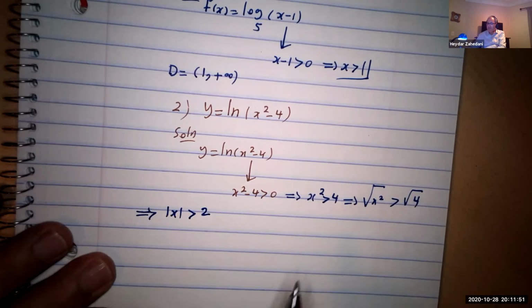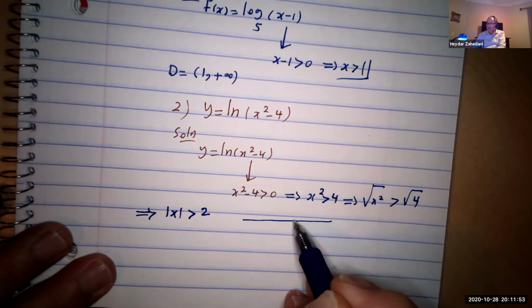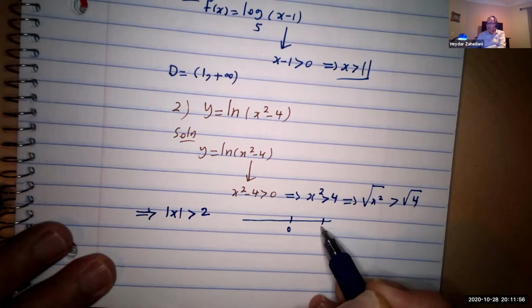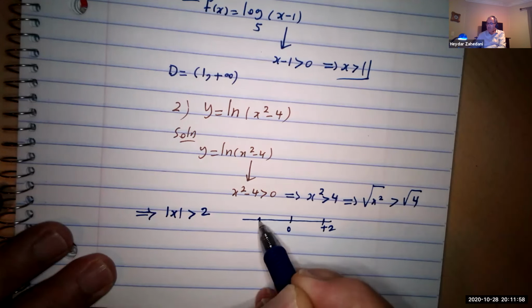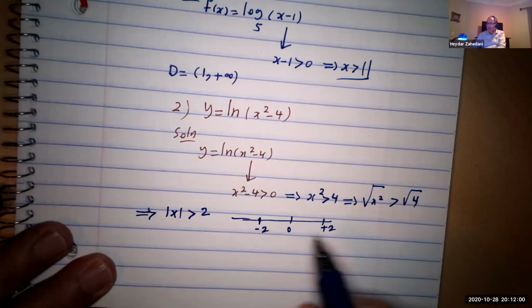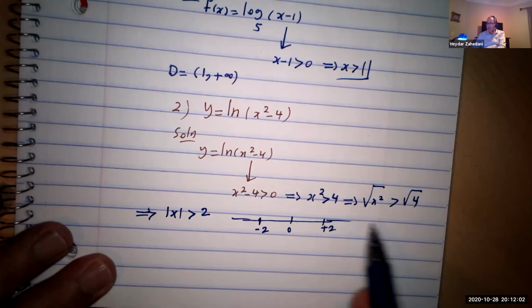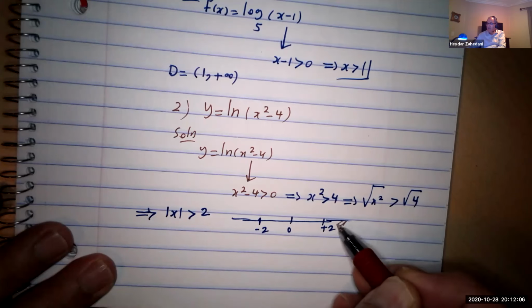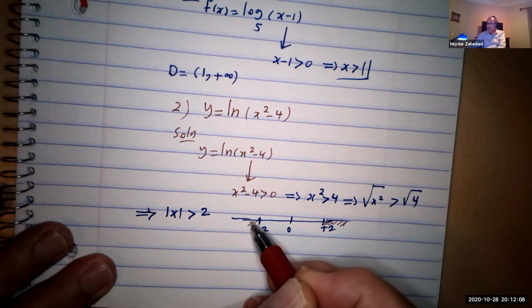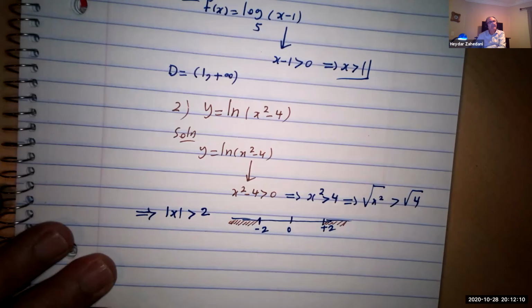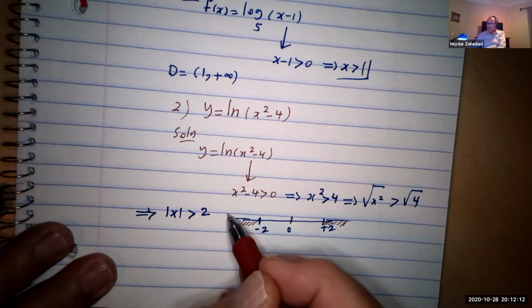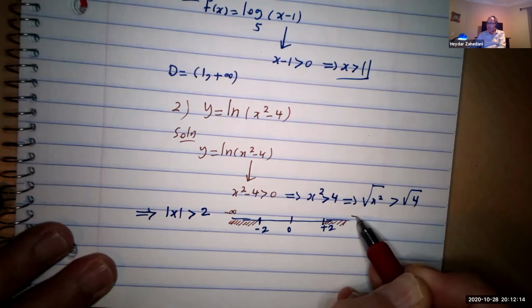Remember, absolute value of x greater than 2. This is 0, 2 to the right, negative 2 to the left. When it's greater than, you go to the right. So you are going to be either here, and symmetrically, you may be here. This is negative infinity, and this is positive infinity.